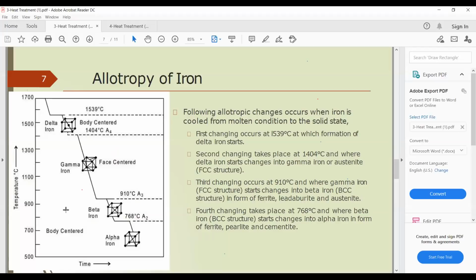You don't need to remember this graph, but you need to remember this microstructure: how many allotropy changes occur, what the changes are, and at which temperature level these changes occur. These 3 things are important. There may be questions in your examination, right?